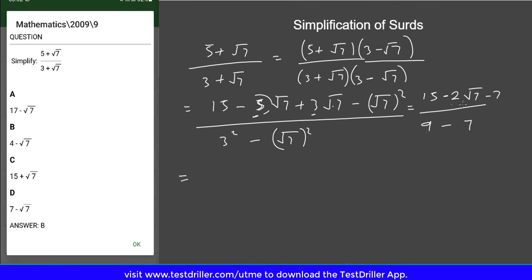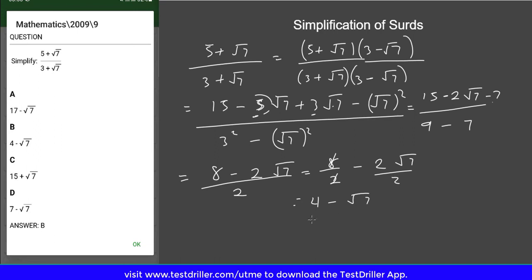If you subtract, 15 minus 7 gives 8 minus 2 root 7 divided by 2. And if you divide both numbers by 2, you're going to get 4 minus root 7. And that makes option B the right option.